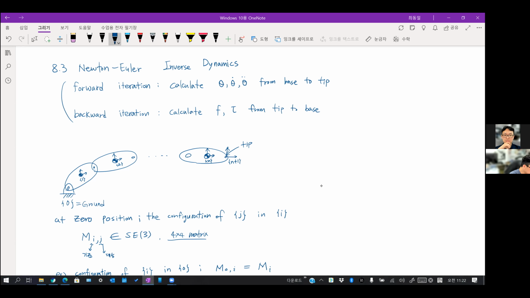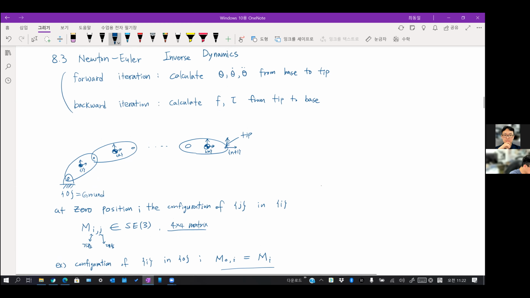So in this case, we will calculate the inverse dynamics using Newton-Euler formulation. In Newton-Euler formulation, we have forward iteration and backward iteration. The forward iteration is to calculate the velocity information, velocity and position things, and acceleration things, calculated from base to tip.